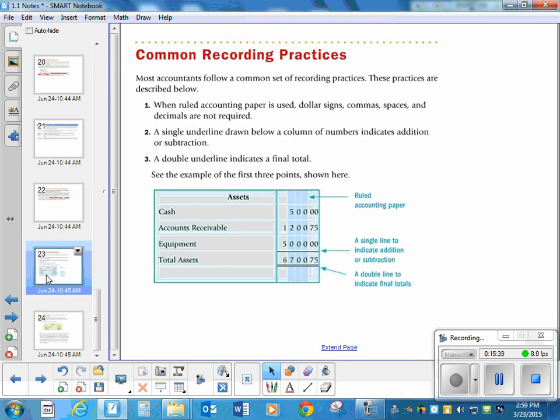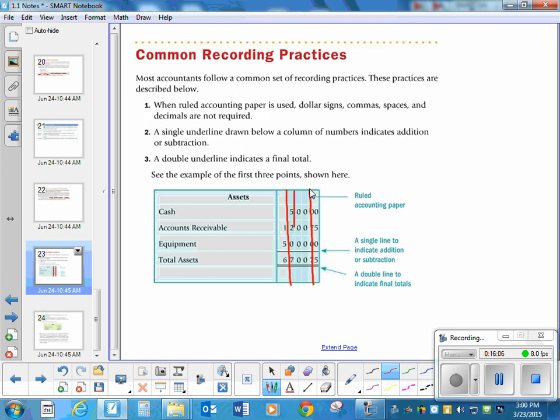Okay, and I kind of talked about this before too, some common practices. Single underline to show that you are adding, double underline to show that everything is accurate and your totals are done. In your workbooks, you're going to be using ruled accounting paper. You can't really see this very well, but this part here is going to be white, I believe, in your book, and this part over here is going to be green.